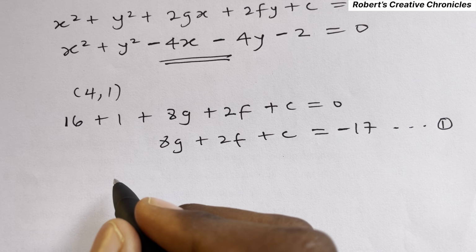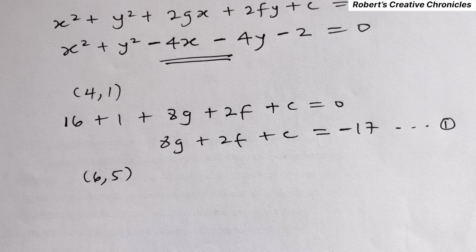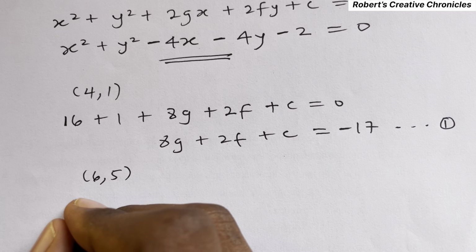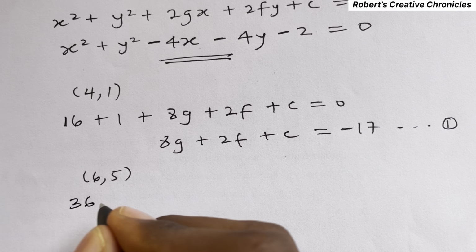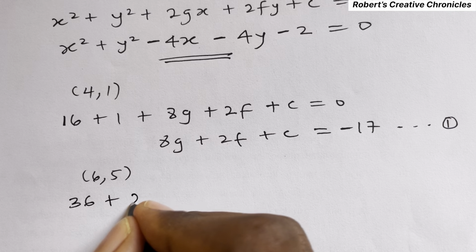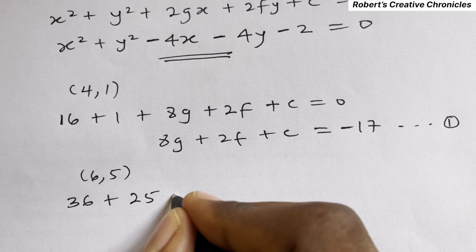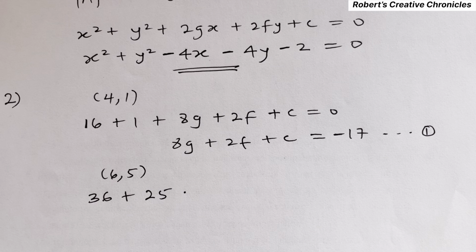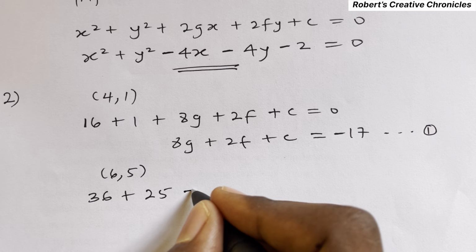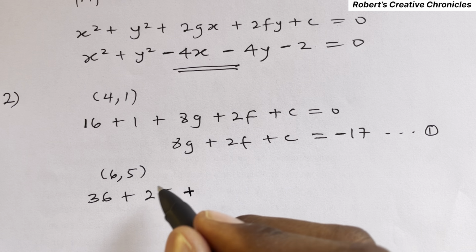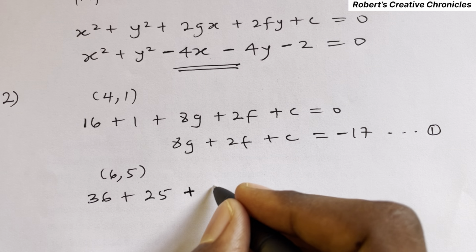Then the second point is what? Is 6 and 5. So the same thing. 6 squared is what? 36 plus 25 plus, that's 2 times 6 times g, which is 12g.